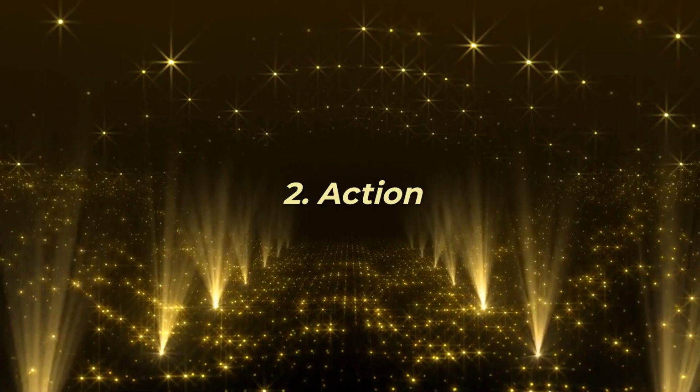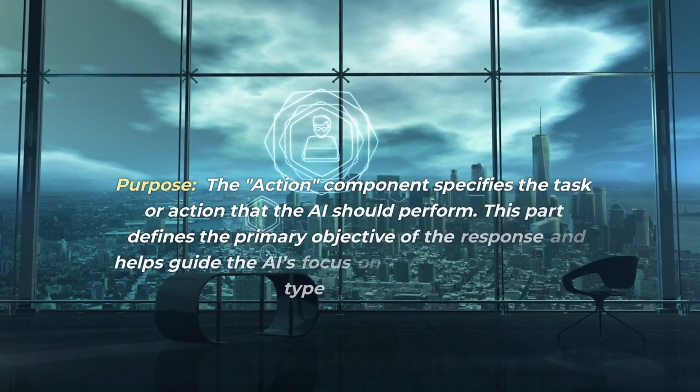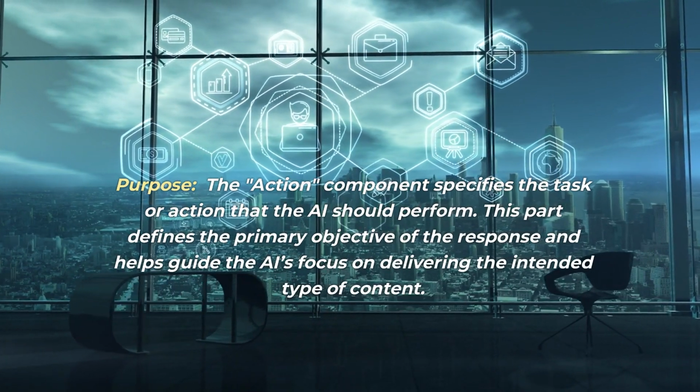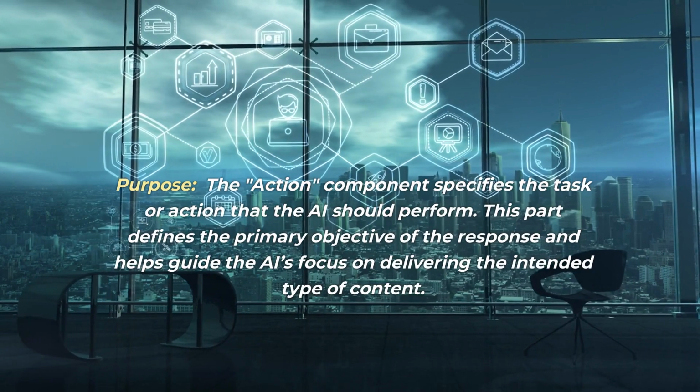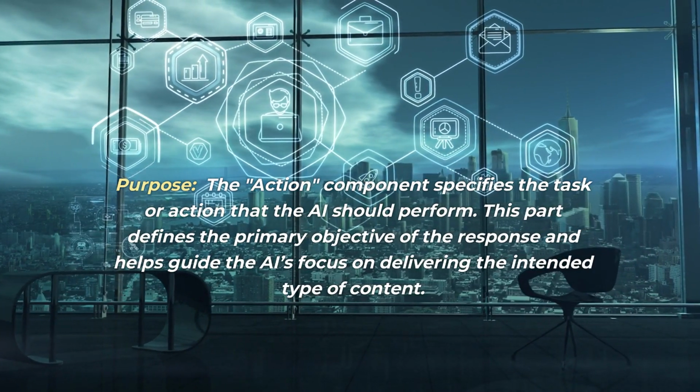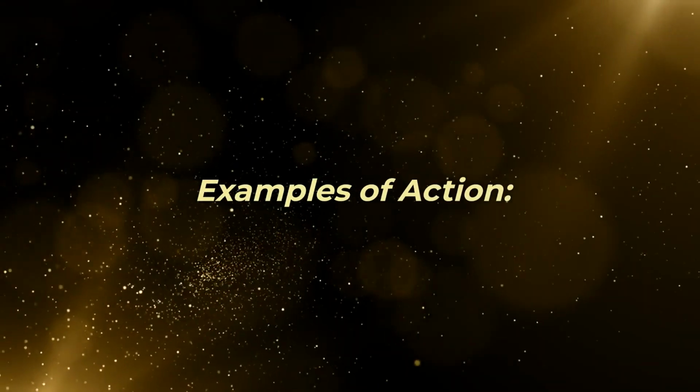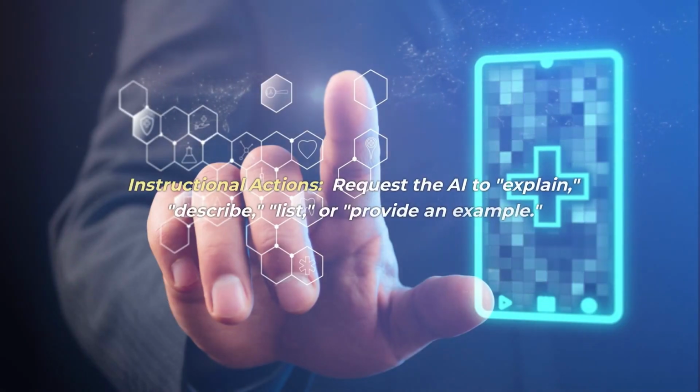2. Action. Purpose. The action component specifies the task or action that the AI should perform. This part defines the primary objective of the response and helps guide the AI's focus on delivering the intended type of content. Examples of action. Instructional actions.